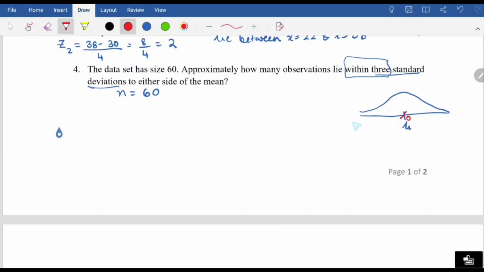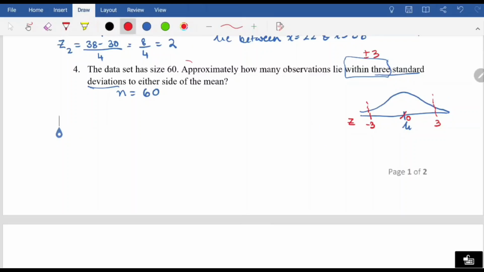And then they've given us the z values, which are within 3, meaning plus minus 3, correct? So a negative 3 z value and a positive 3 z value. And they are asking how many of these 60 observations would be within this interval, negative 3 and positive 3. All right.